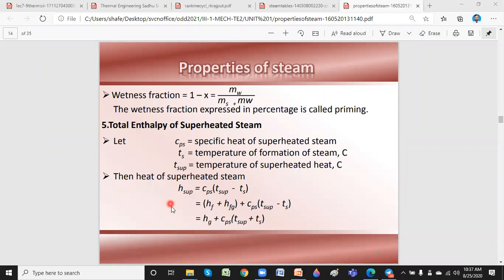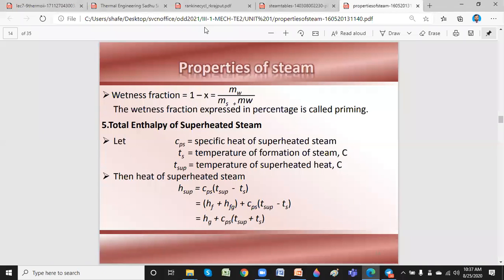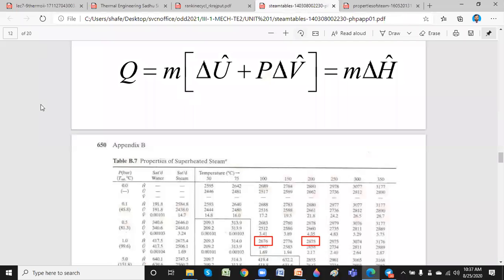Sometimes you have superheated steam tables straight away. I'll show you.